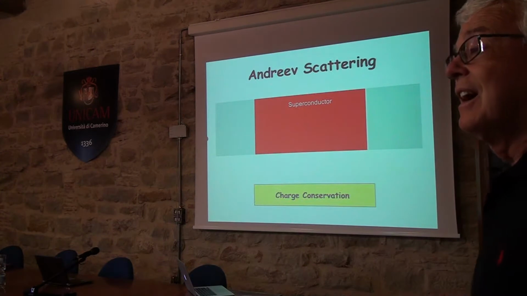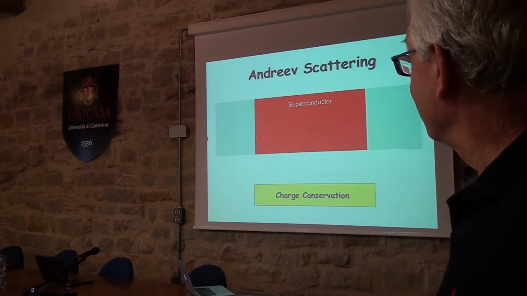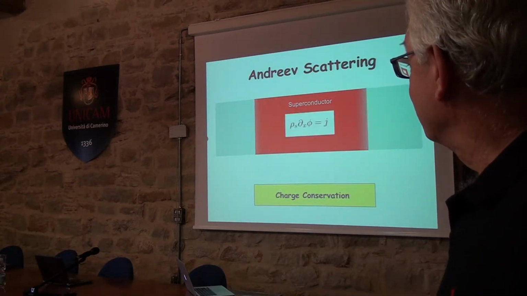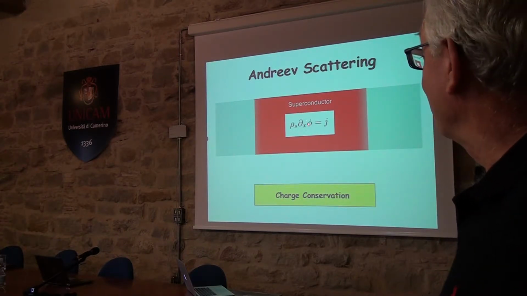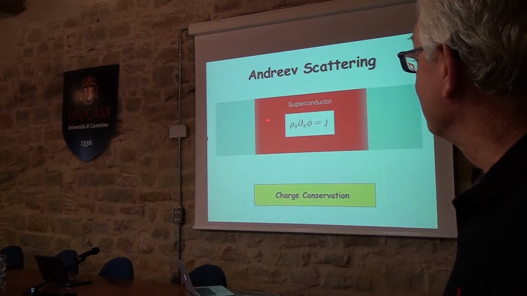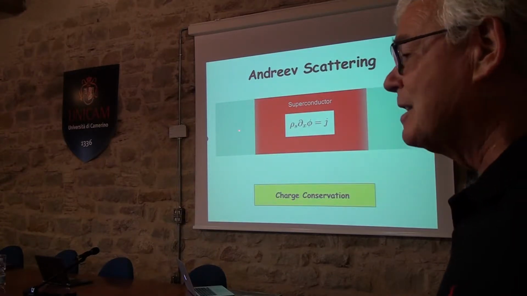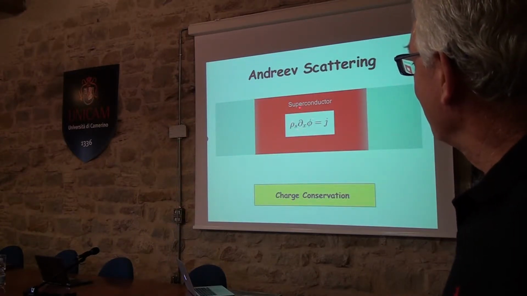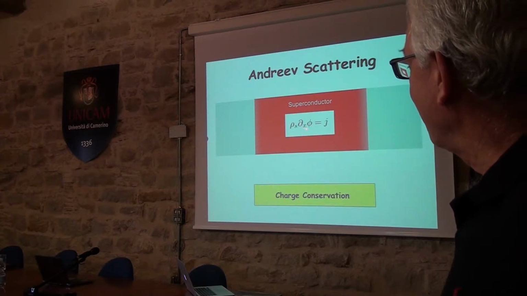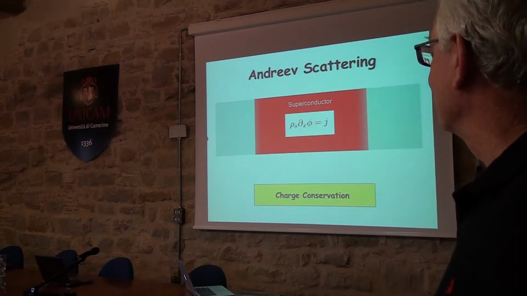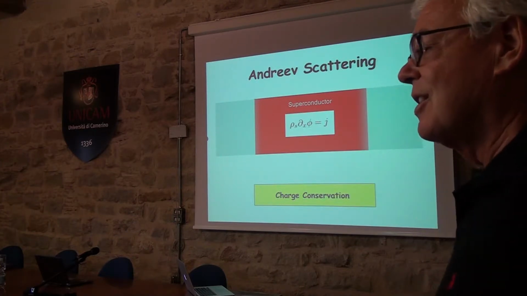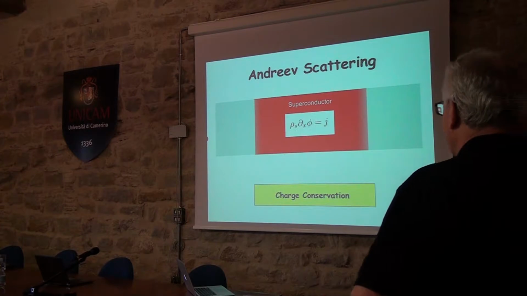The way that unphysical thing is cured is that a Cooper pair is launched to conserve current. When you describe this in a mean field language, that means that the transport steady state is one in which the superconducting pair has a gradient of its phase inside the superconductor, so that a current flows through the superconductor and the current is constant everywhere in this wire.